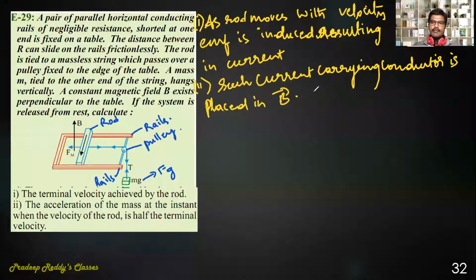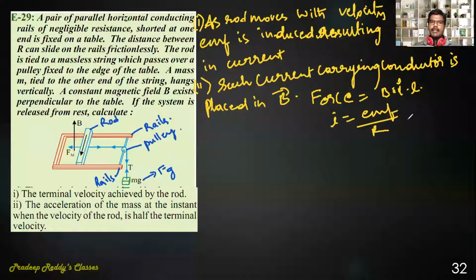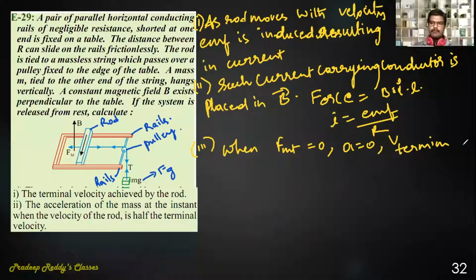As it is placed in a magnetic field, it experiences a force which is equal to BIL, where L is the length of the rod, I is the induced current, B is the magnetic field, and this I is equal to EMF divided by resistance R. Now, to find the equation for terminal velocity: when F net is equal to 0, acceleration will be equal to 0. Such velocity is said to be the terminal velocity.